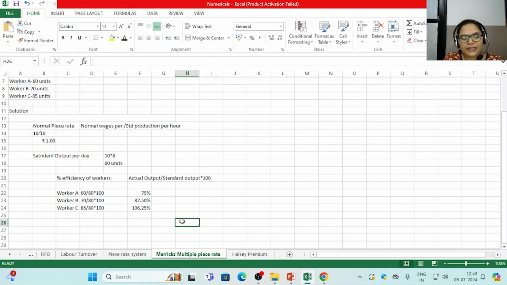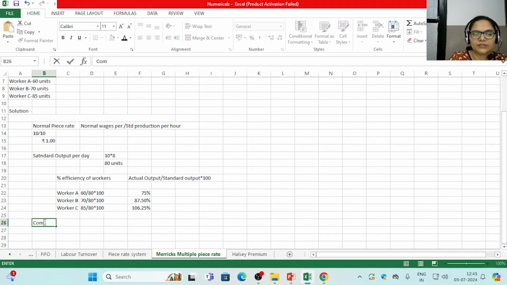So before going into the calculation of earnings of workers, we need to do these basic calculations. Our next step is the computation of earnings of workers.